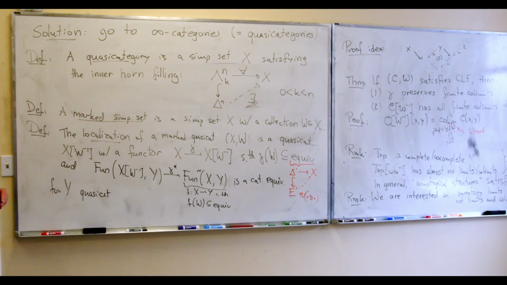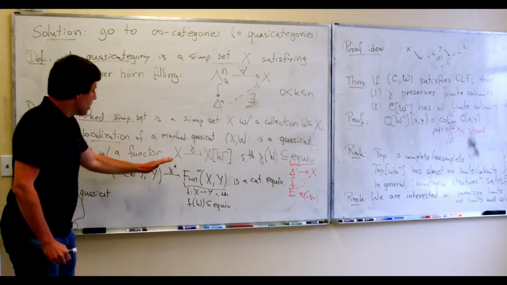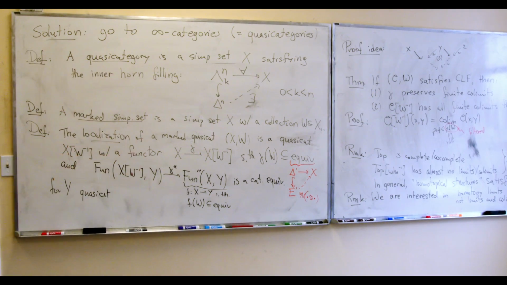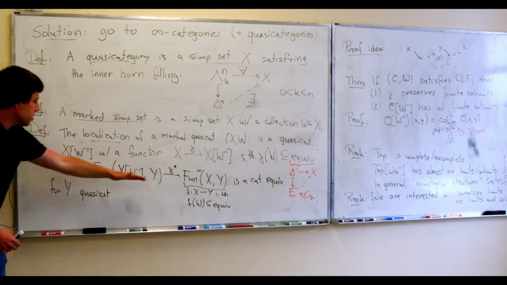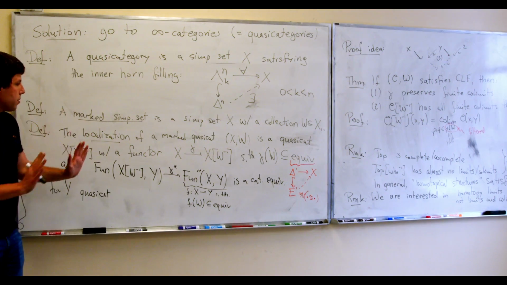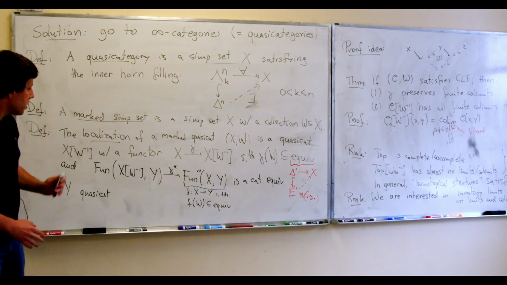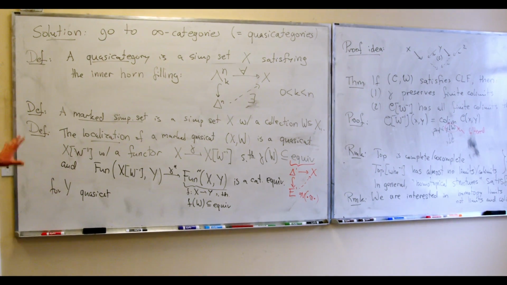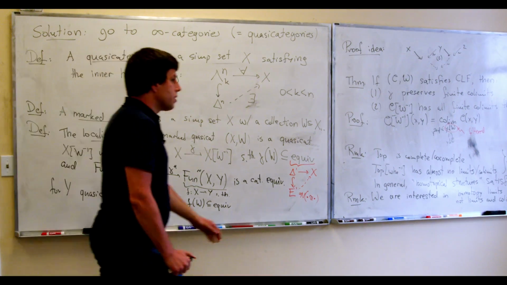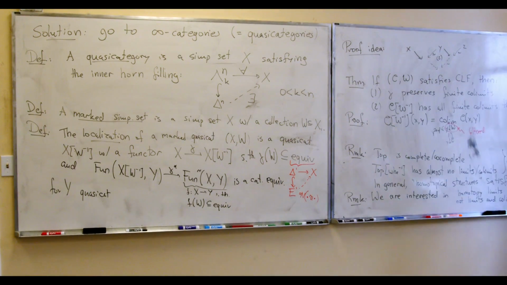That would be too strict, unnecessarily strict. This is now only a weak equivalence in the model structure for quasi-categories. So whatever an equivalence of quasi-categories is supposed to be. Okay, so that's the definition of the localization, and I think I explained all the words that I used in this definition.